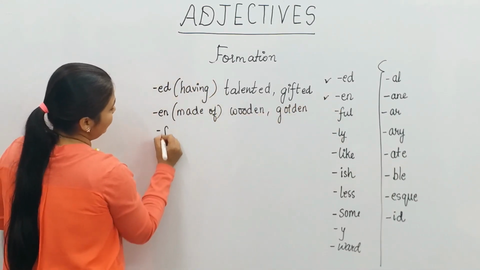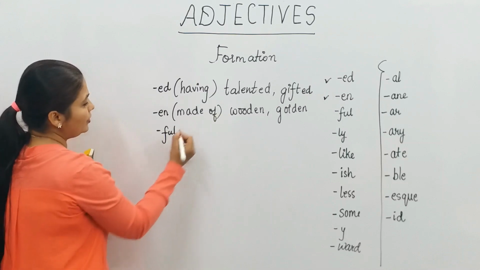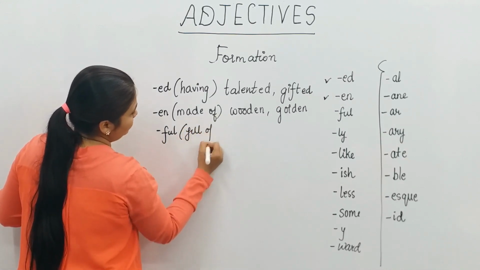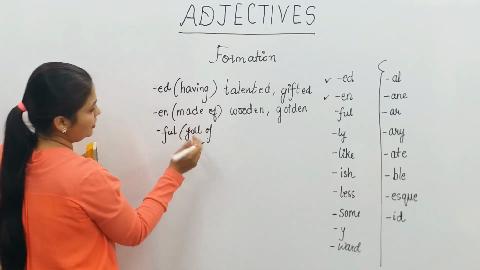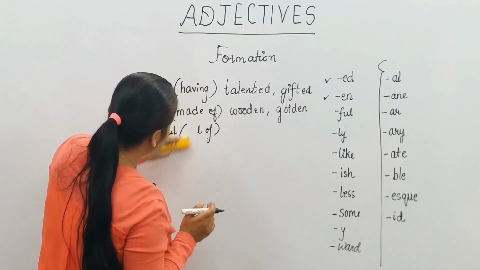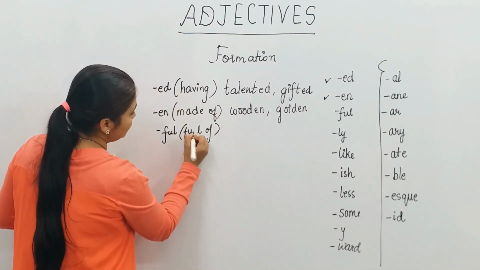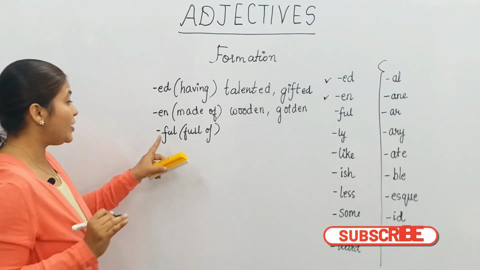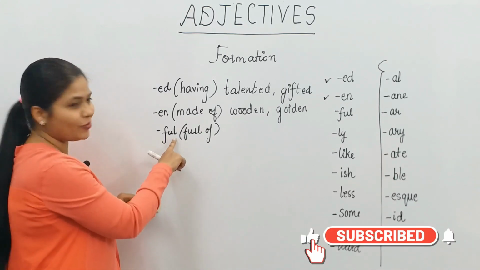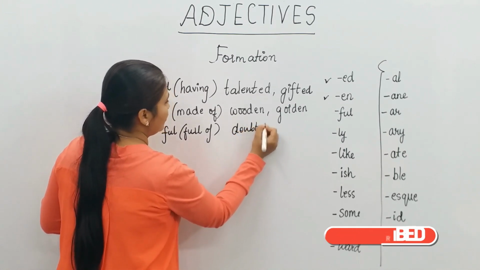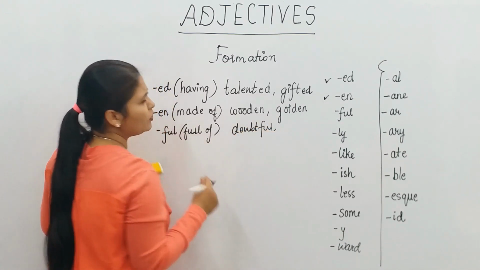Third one is f-u-l, ful, which actually means full of. This is a u, there is a double l in full. Let me make it a little proper. I spell full as f-u-double-l. But when I use the suffix, I'm going to just write one l. Doubtful, full of doubts.